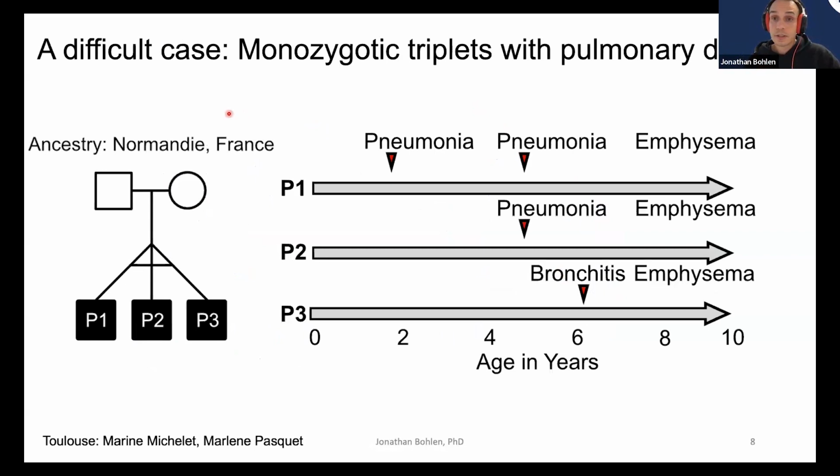This case is a French family that has monozygotic triplets. So these are 3 boys that are, let's say, genetically identical, and they have presented with recurrent pneumonia. And now at the age of 10, they have parenchymal lesions in the lung that resemble emphysema.